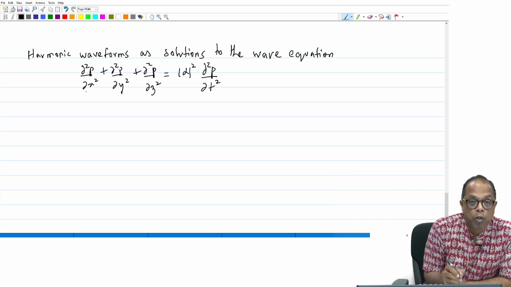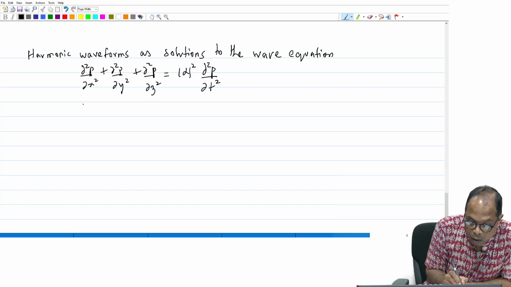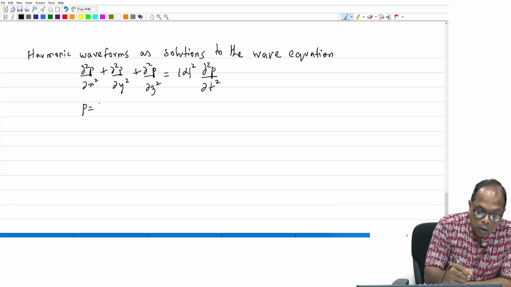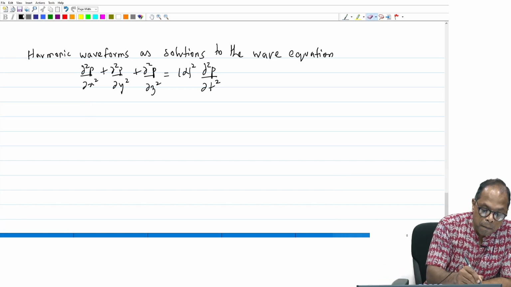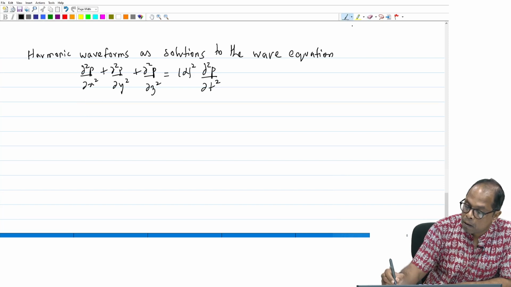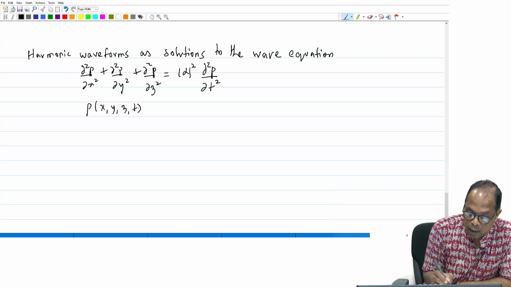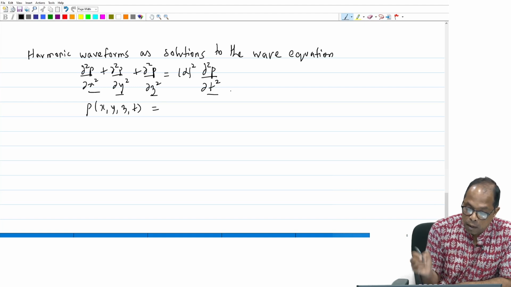Now, you could use something called the separation of variables approach, and you could suggest a solution for this. We know that the pressure wave is a function of x, y, z and t, and they come as separate terms.